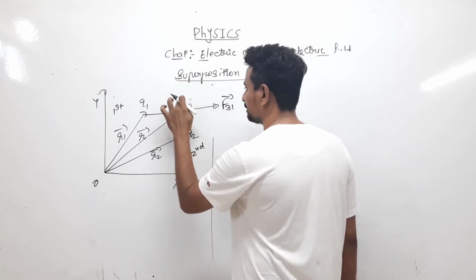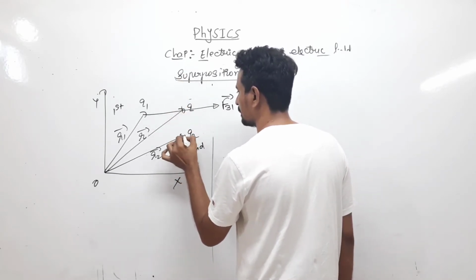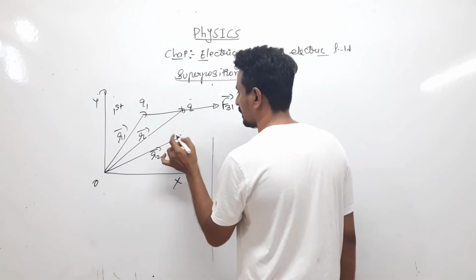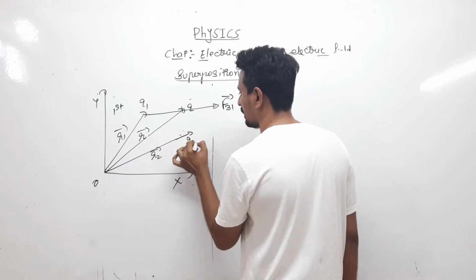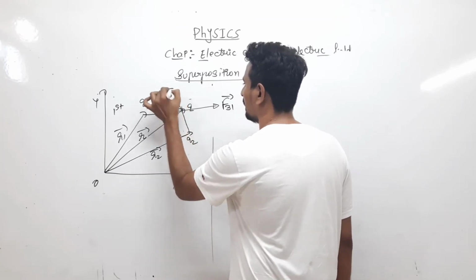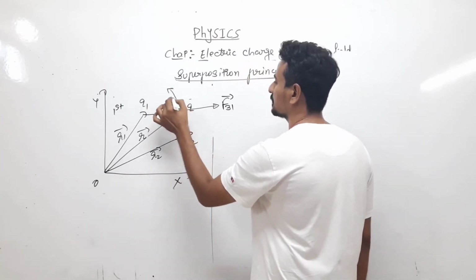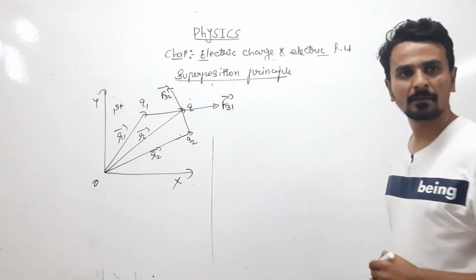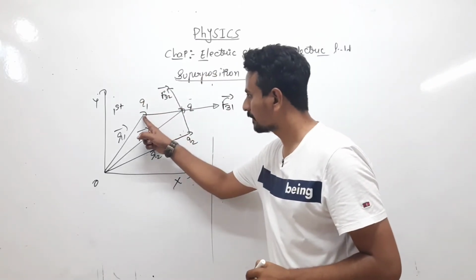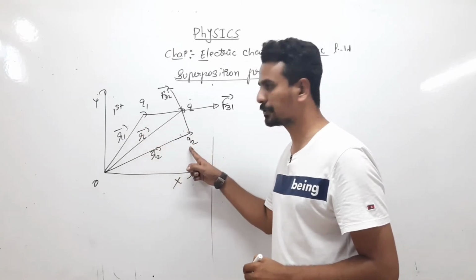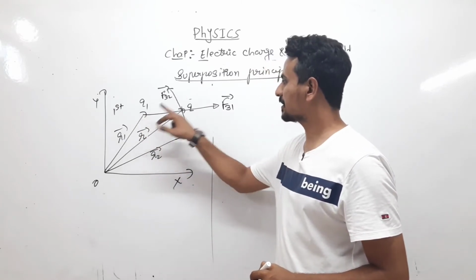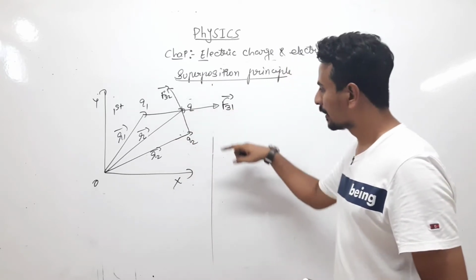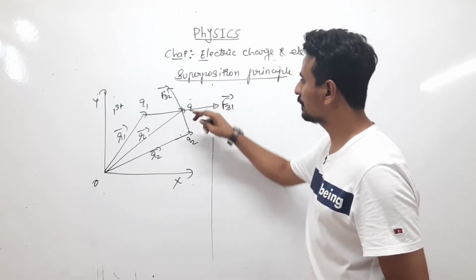So Q1 exerts a force on Q in this direction, and Q2 exerts a force on Q in this direction.